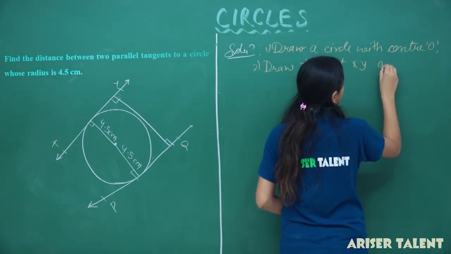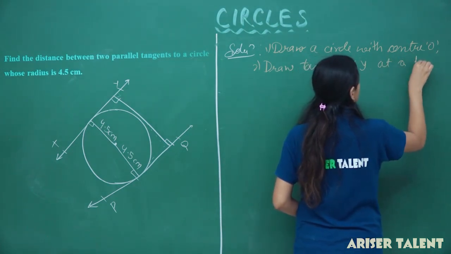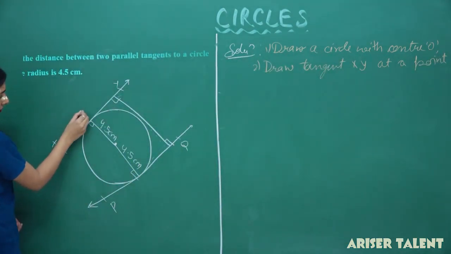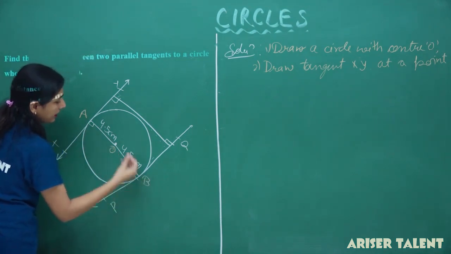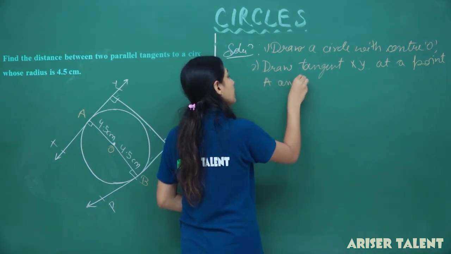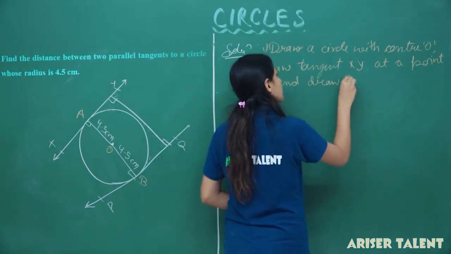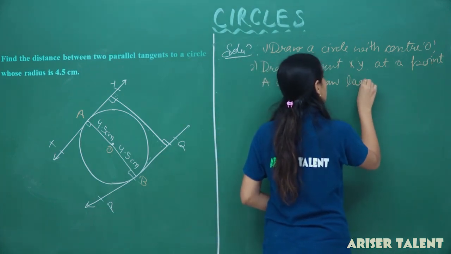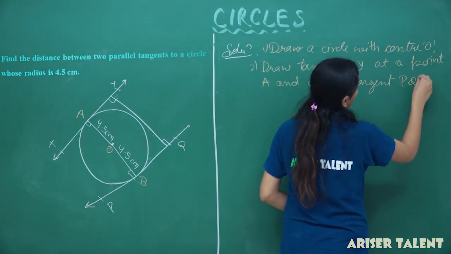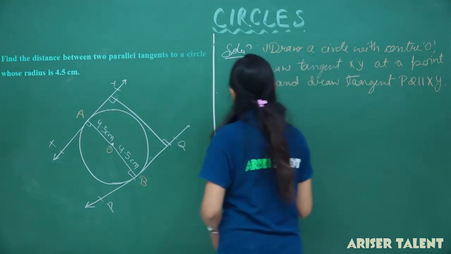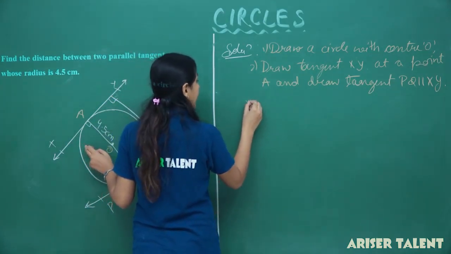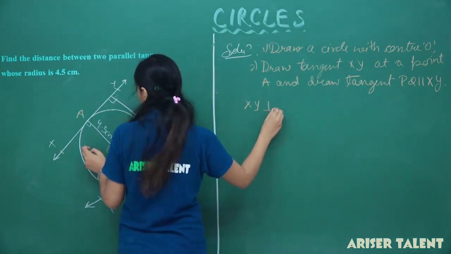At a point, name it A, O and B, right? At a point A, and draw tangent PQ parallel to XY.